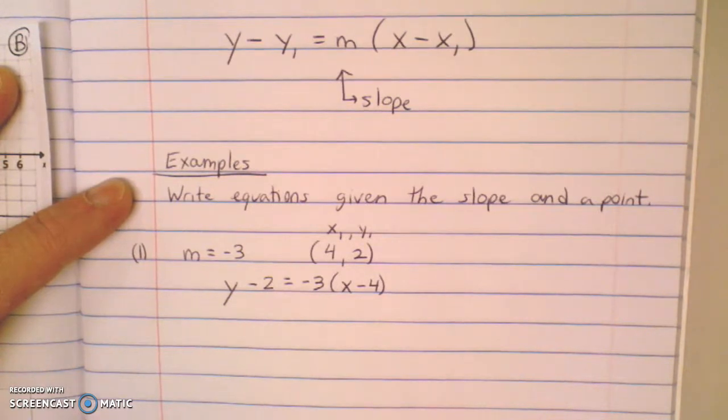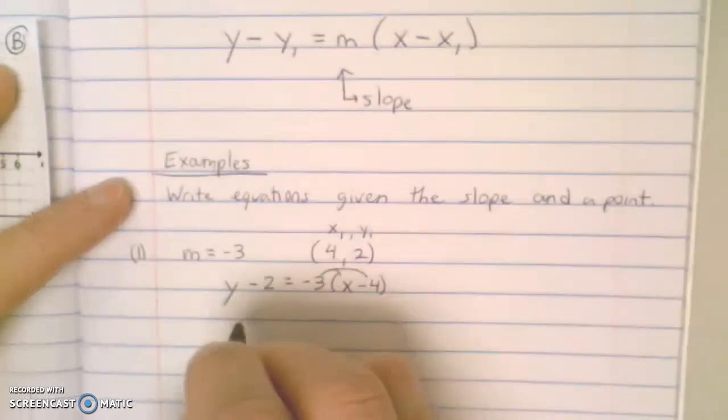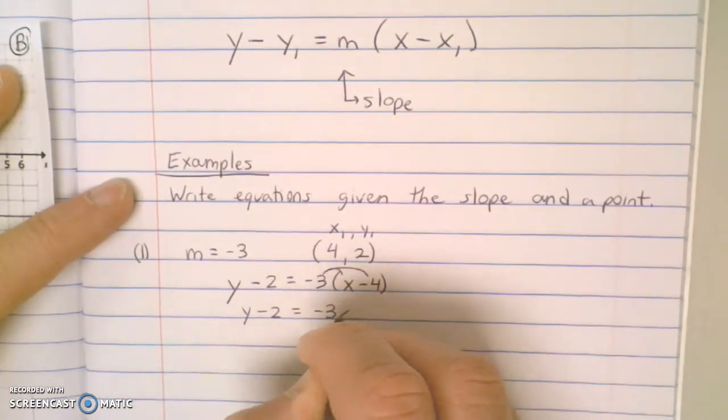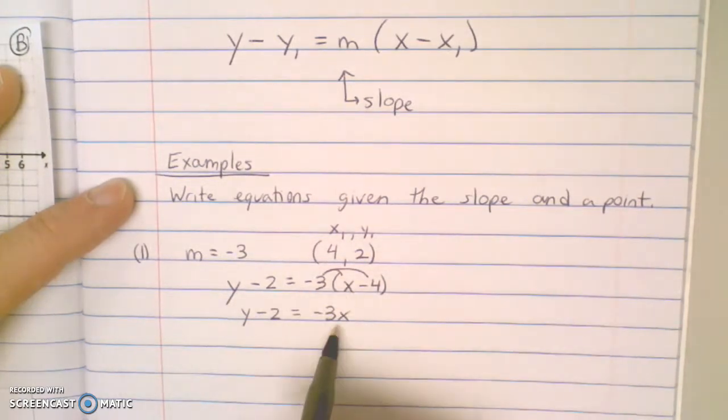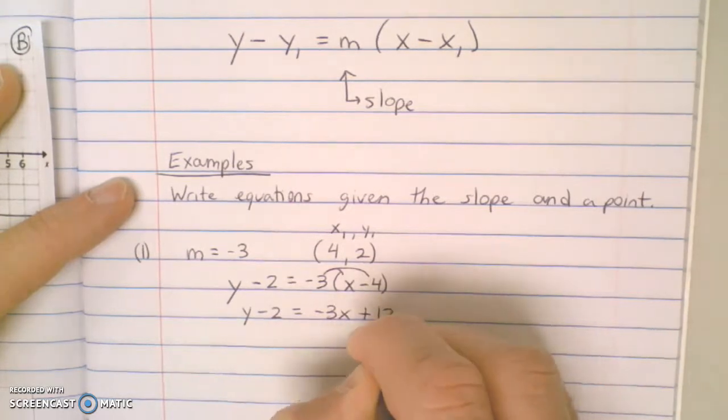And so now we could rewrite this equation. I would distribute first. So I have y minus 2 equals -3x. -3 times x is -3x. -3 times -4 is +12.